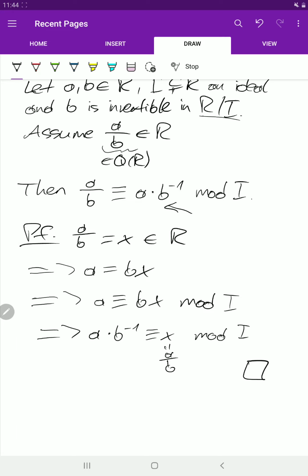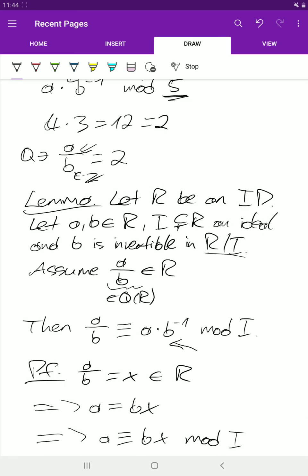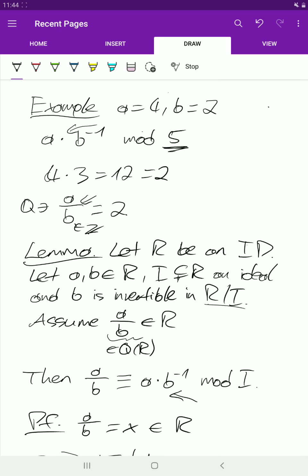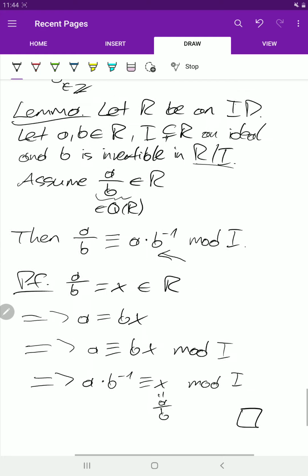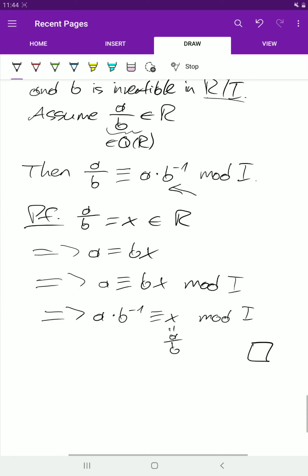But in this case, we don't have to, we just use division in the ring. So for instance, in the integers, we just divide 4 by 2, and we get 2.